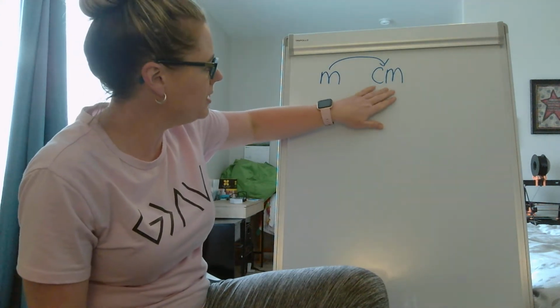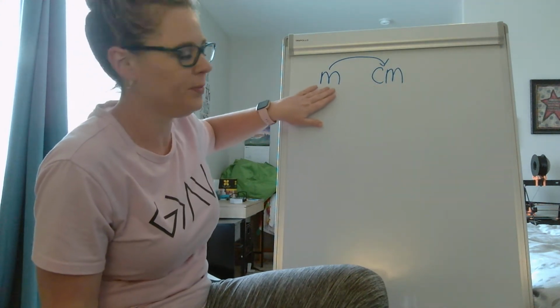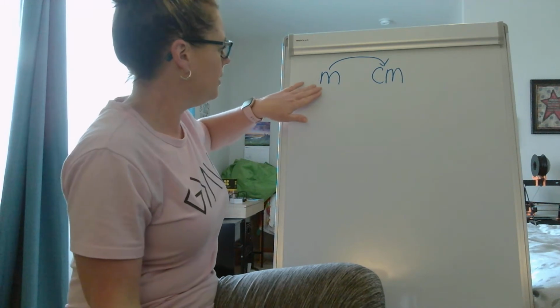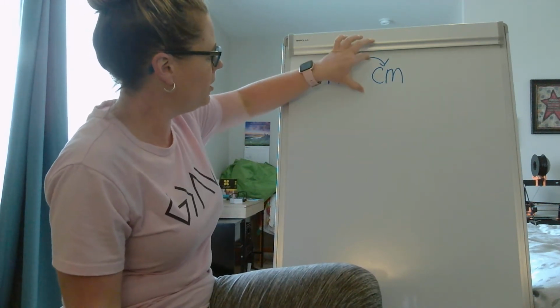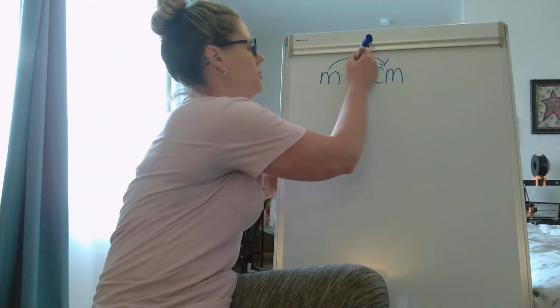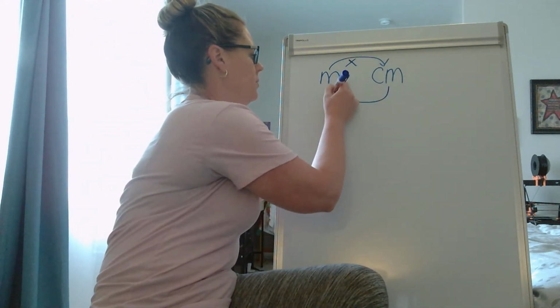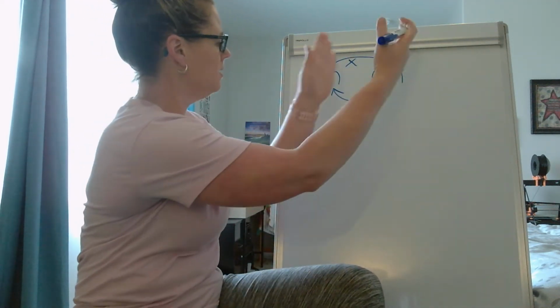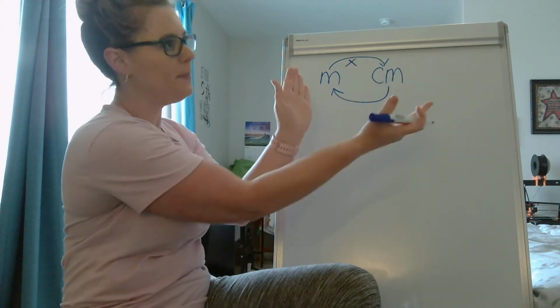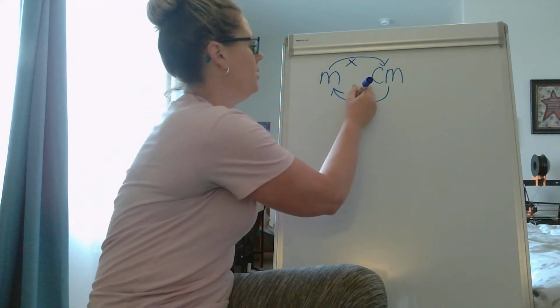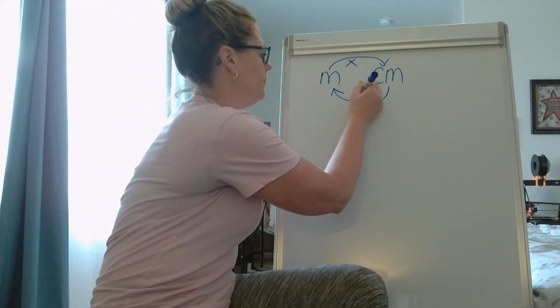It takes more centimeters to fill up a meter. So we're going from meter, the larger measurement, to a bigger number, which means we're going to multiply. Going from centimeter, the smaller measurement, to a smaller number, we're going to divide.